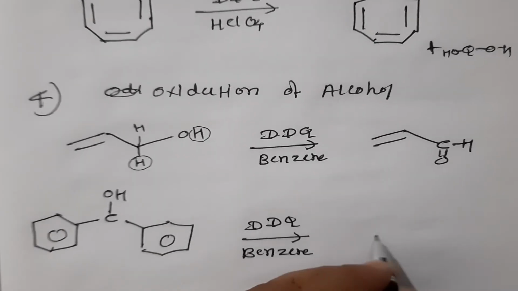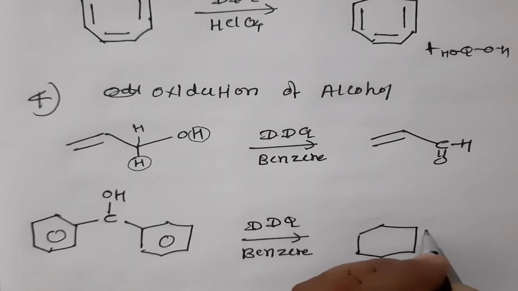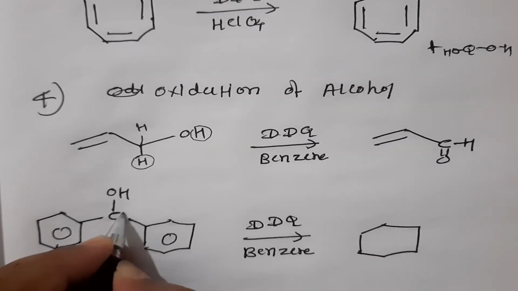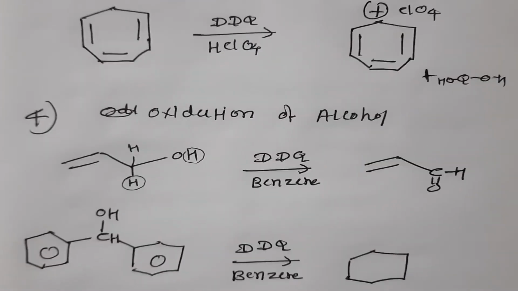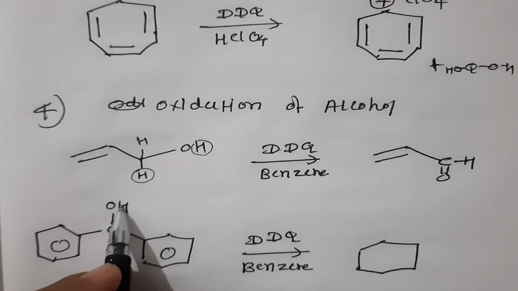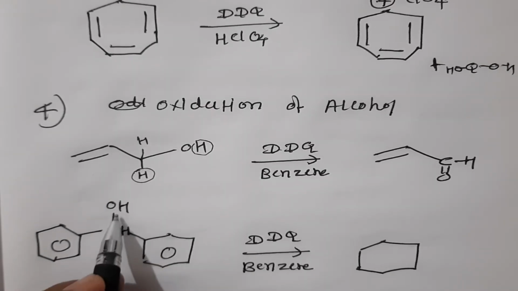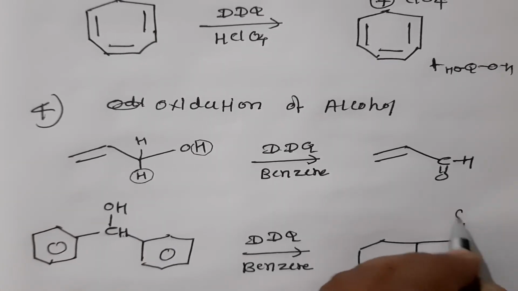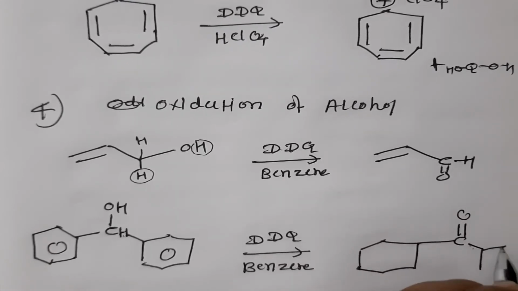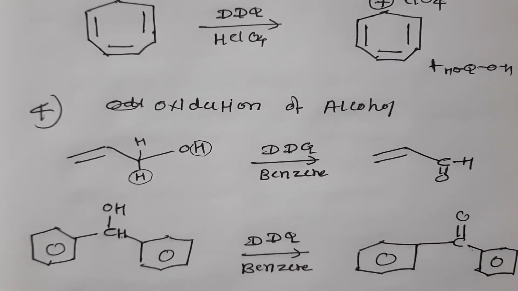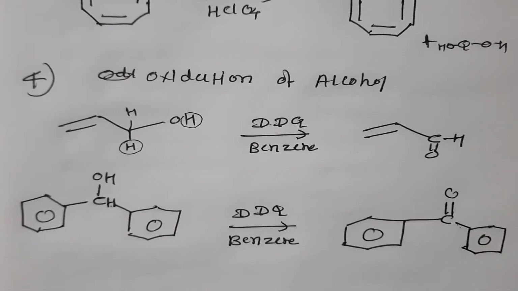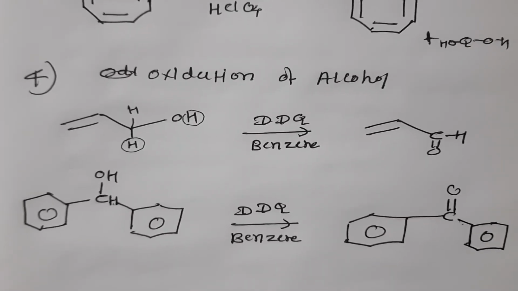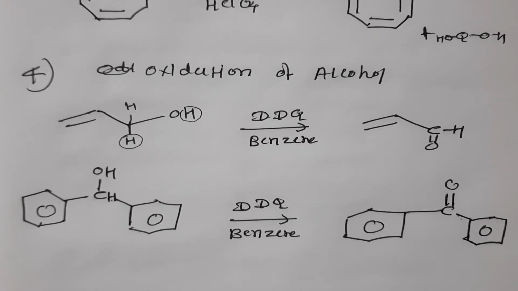We get a ketone as a product, because with DDQ, one of the hydrogens is removed here and one of the hydrogens is removed from here, and there is a formation of a new bond between carbon and oxygen. So always a 2-degree alcohol is oxidized into ketone. You can take any oxidizing agent. Previously we also discussed that PCC also oxidizes a 2-degree alcohol to ketone.